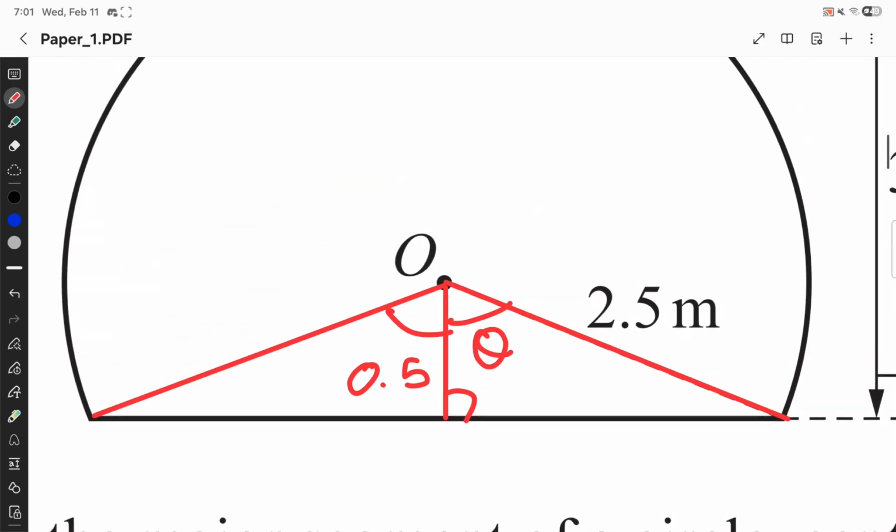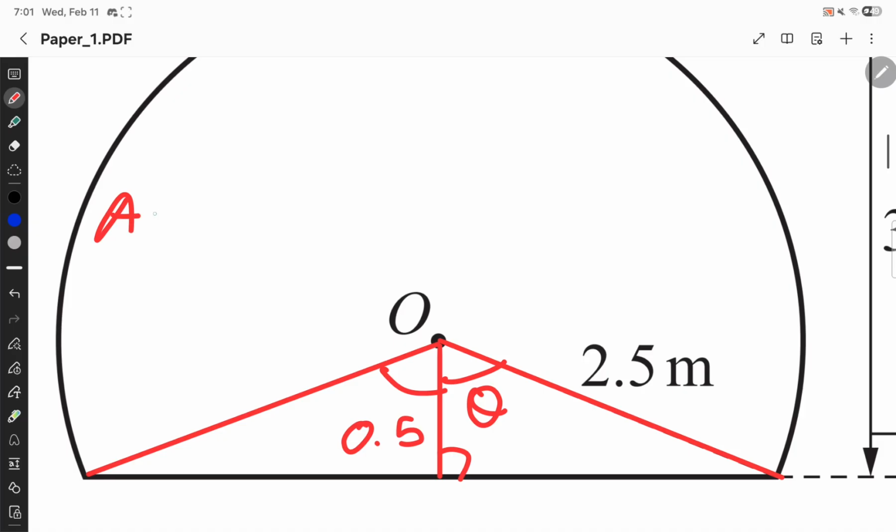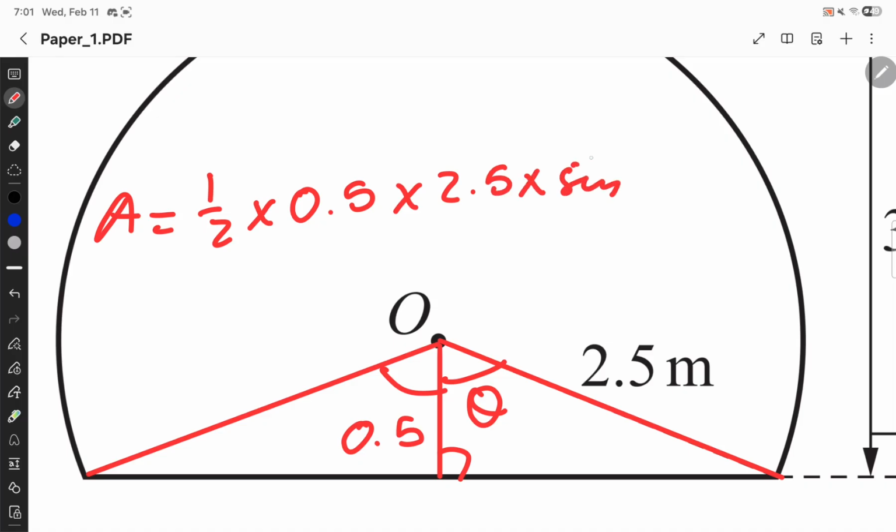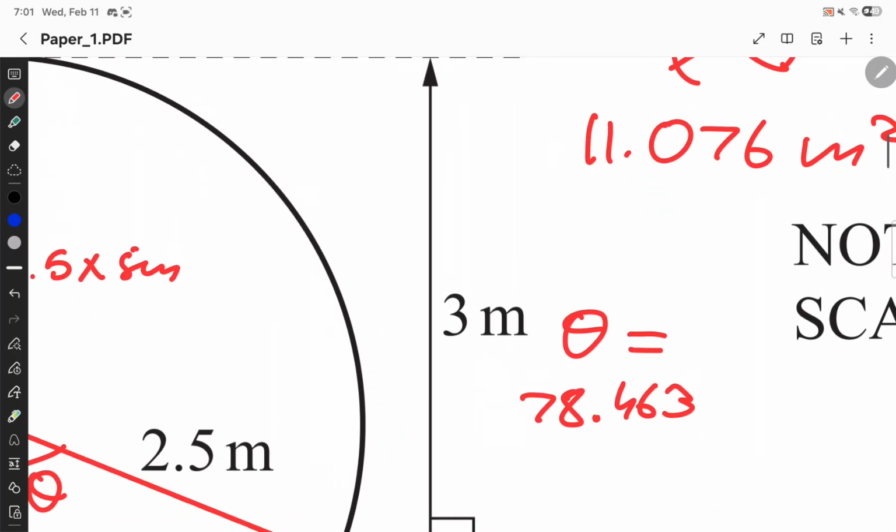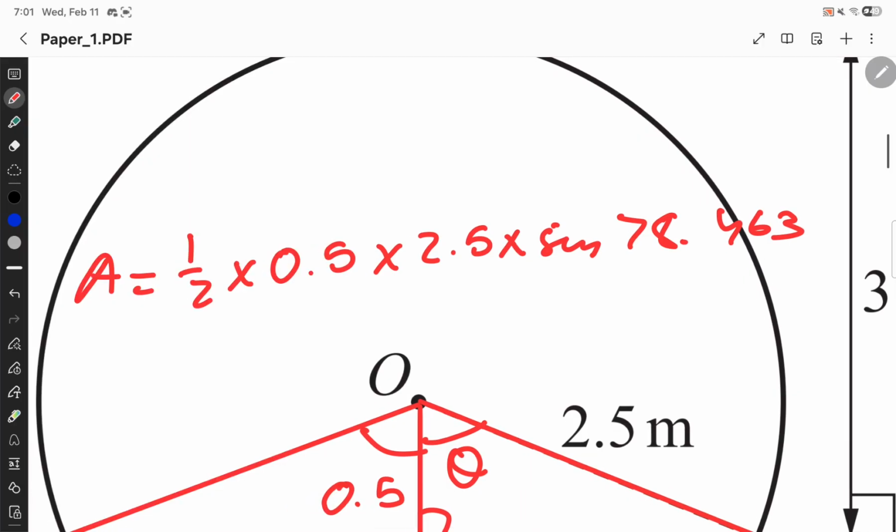Let's use the sine formula. So let's use A is equal to half times 0.5 times 2.5 times sine of our angle 78.463.